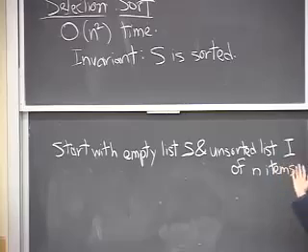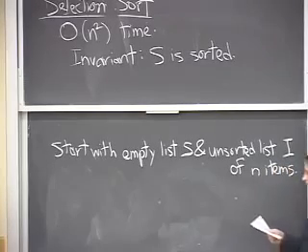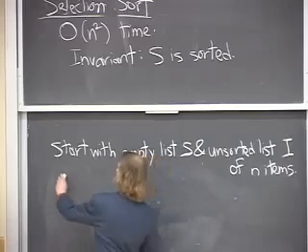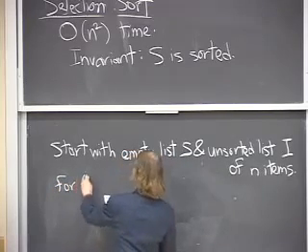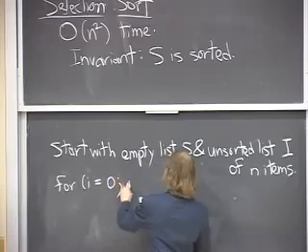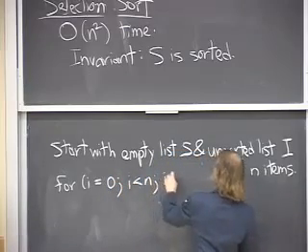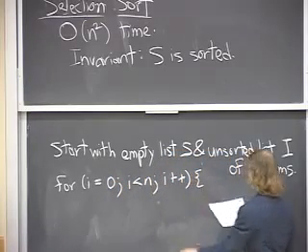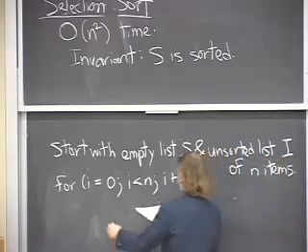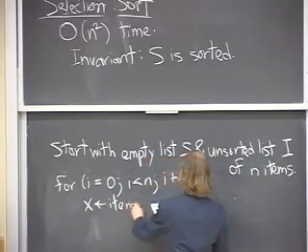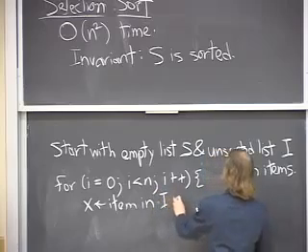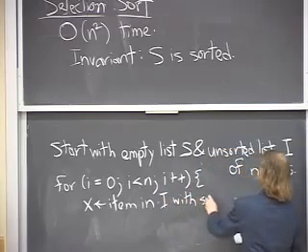So we start with an unsorted list I of n items and an empty list S, and then we just loop n times, and each time we let x be the item in I with the smallest key.